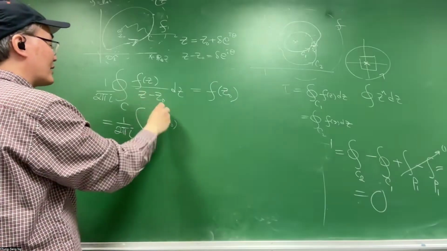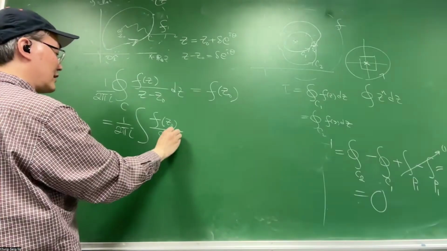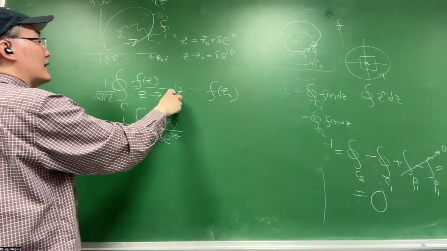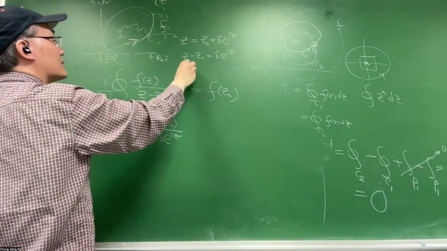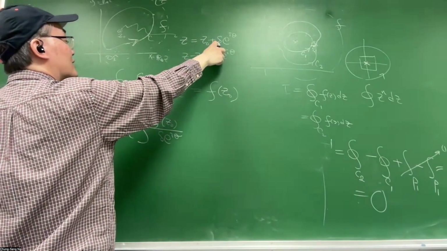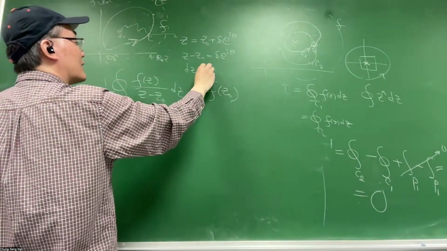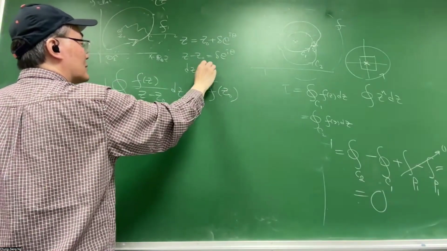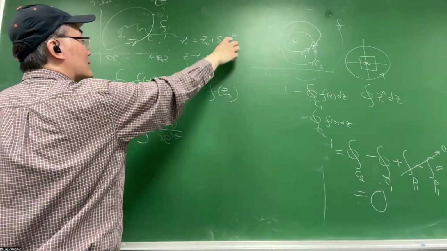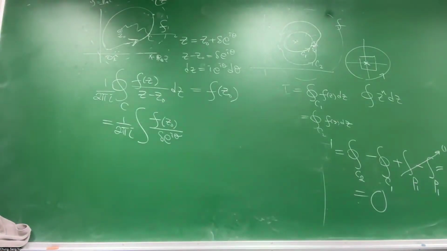And this c minus c sub 0 we already have, so that's delta e to the i theta. And dc comes from here, just because c sub 0 and delta are constant. So this is just like what we did before.